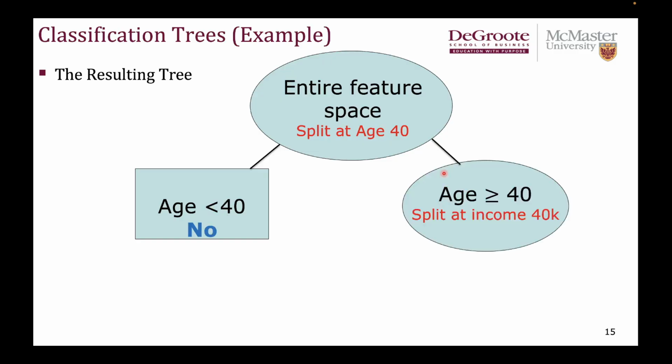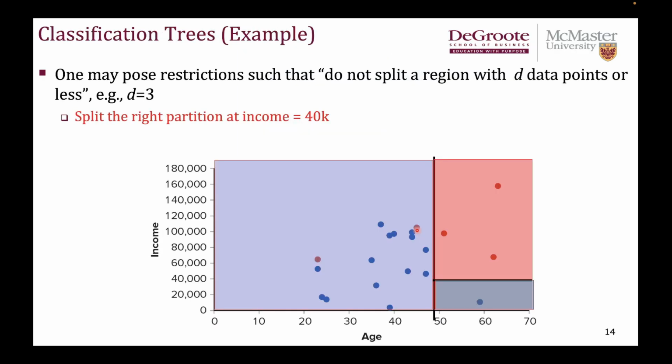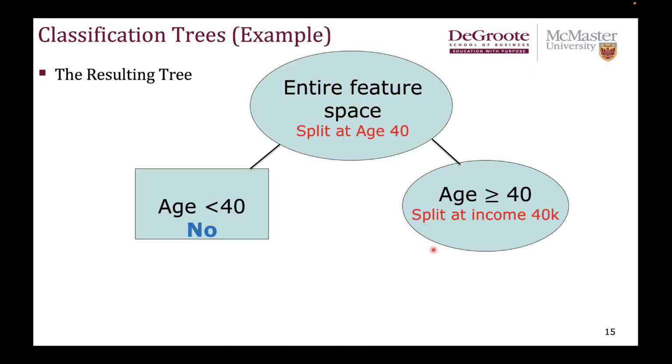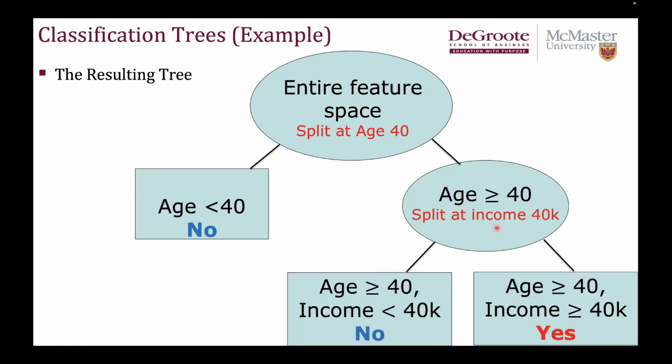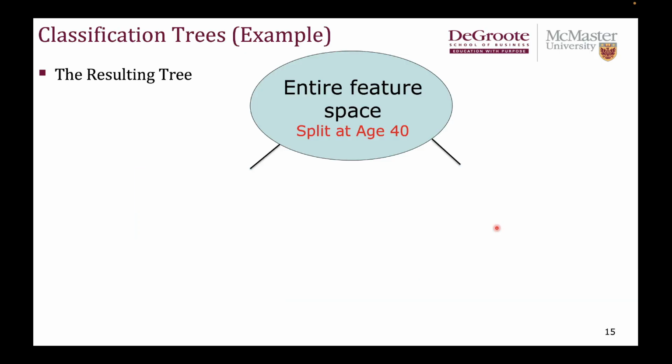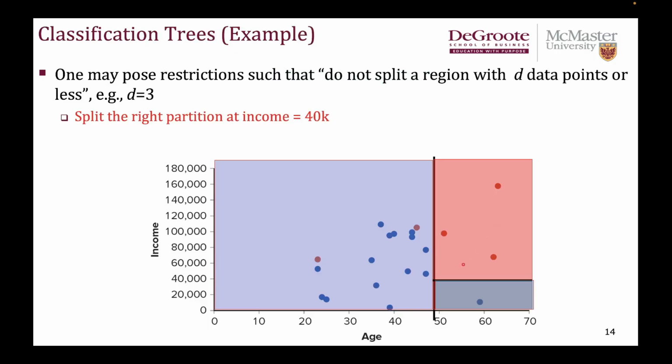For the right region, we have a further split. In this illustration, we actually split based on income level around 40,000, right? There are two possibilities: income greater than 40,000 and income less than 40,000. That corresponds to the horizontal cut to the right of the age threshold, right?